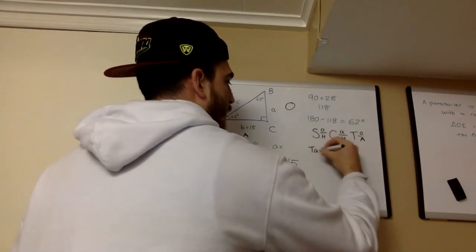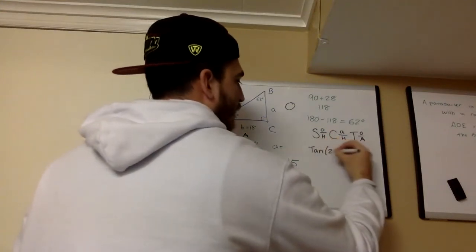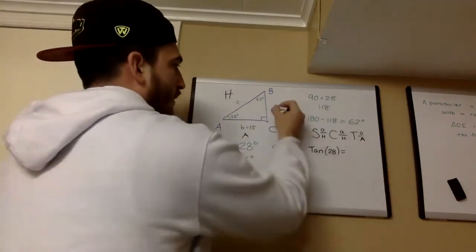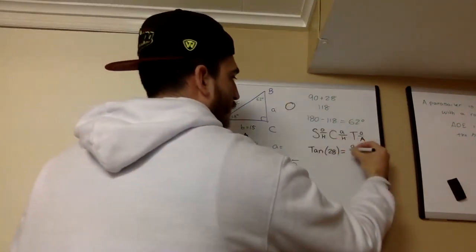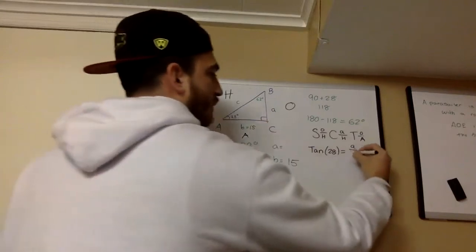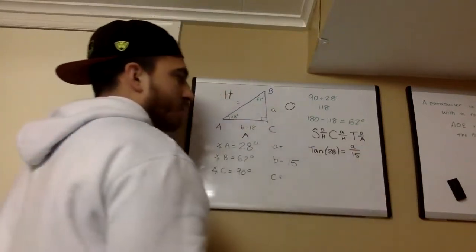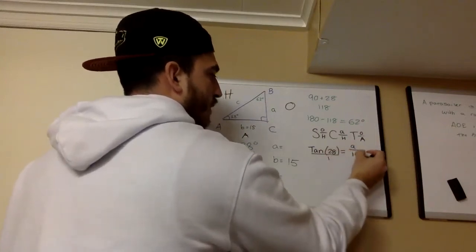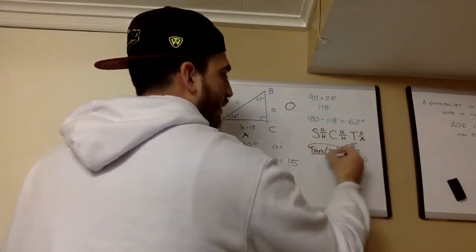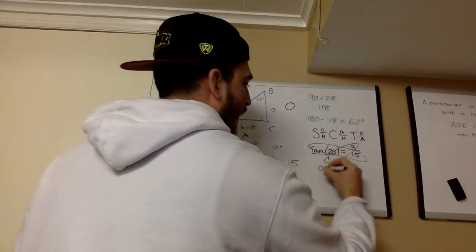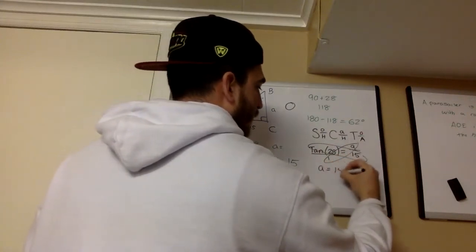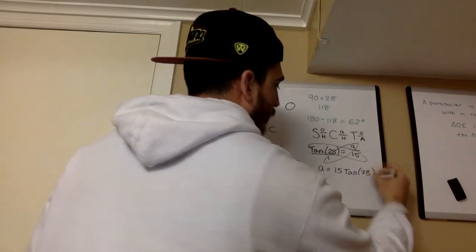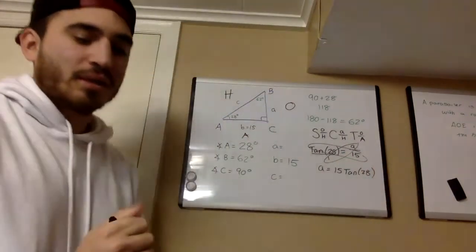Tan of 28, since I'm using that angle, is equal to my opposite, which is a, over adjacent, which is 15. So now if I put this over 1, cross multiply, you're going to end up getting a is equal to 15 tan of 28. And this you can just put into your calculator.